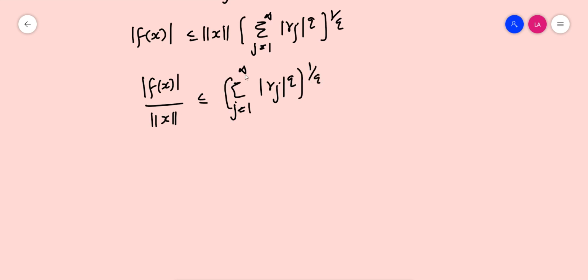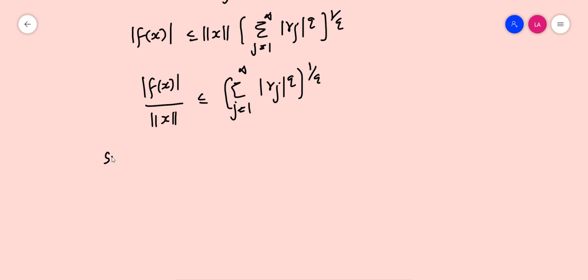So this quantity is actually an upper bound of this quantity for any x. Okay, so if we collect modulus of f of x by norm x on the left, the summation on the right hand side is actually an upper bound of this.